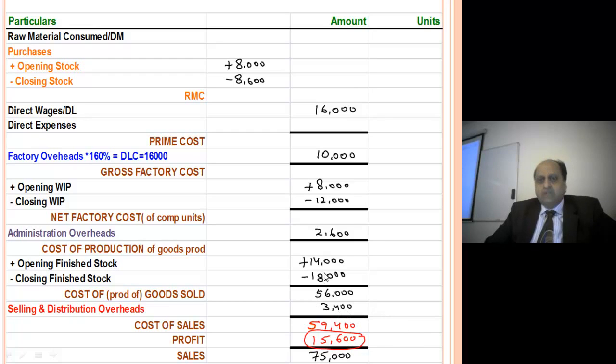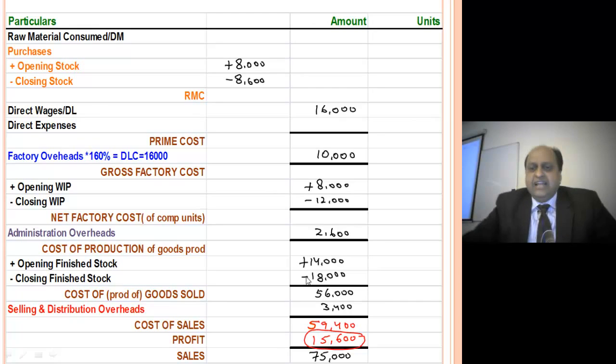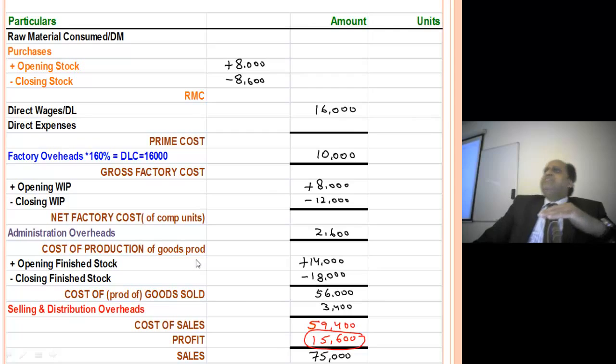Right? Now, if we move from bottom to up, we change the signs. So when we move from bottom to top, we change the signs.